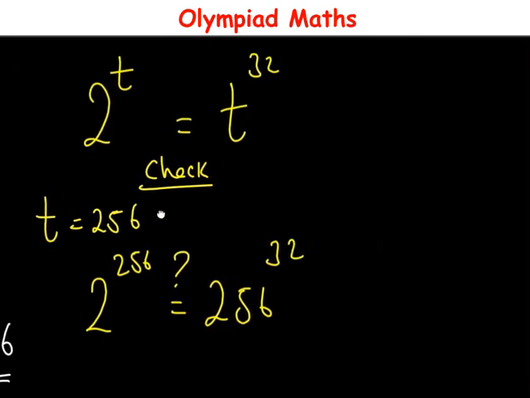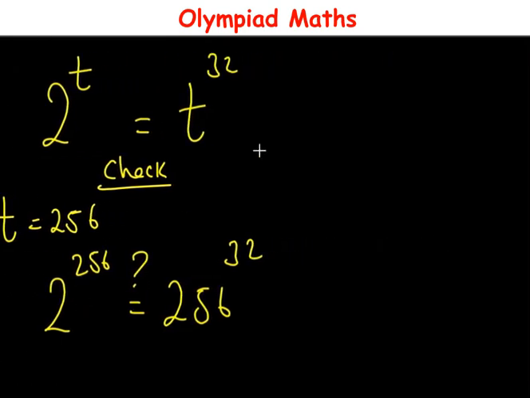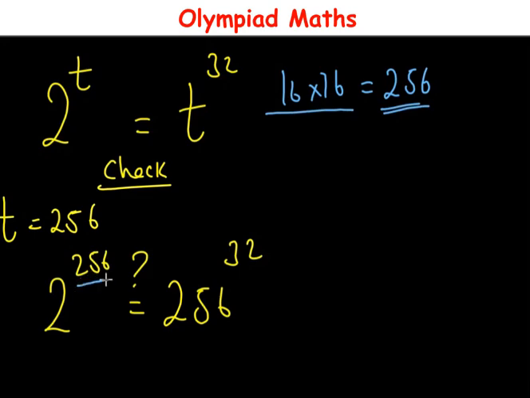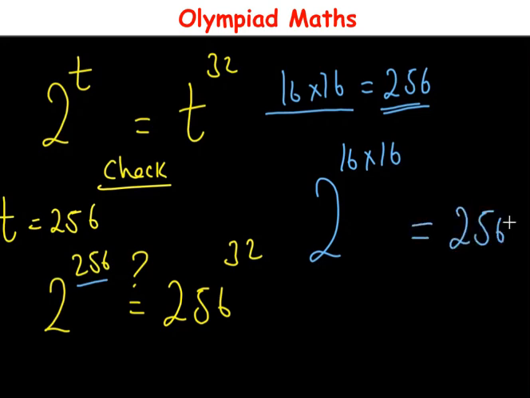Now from here, recall that 16 times 16 is equal to 256, right? So in place of 256, we're going to bring in 16 times 16. So right here, this becomes 2 raised to power 16 times 16 is equal to 256 raised to power 32. So with this equal each other, question mark.